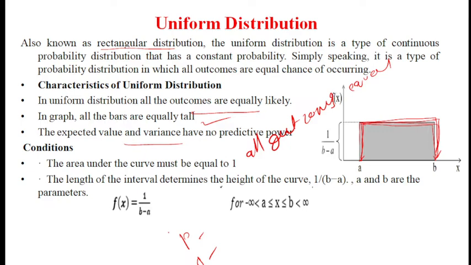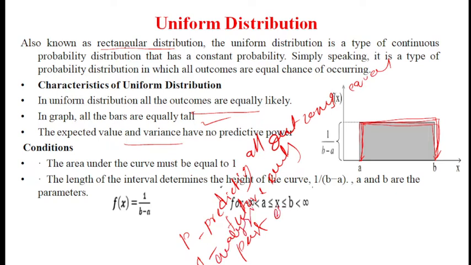Probability is helpful for predicting future events, whereas statistics is helpful for analyzing past events.